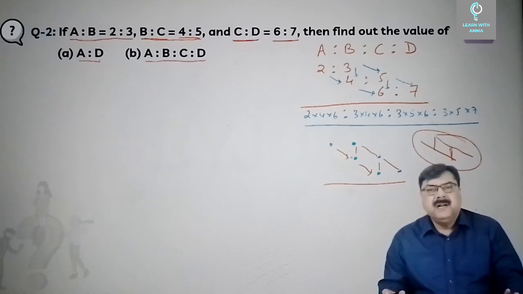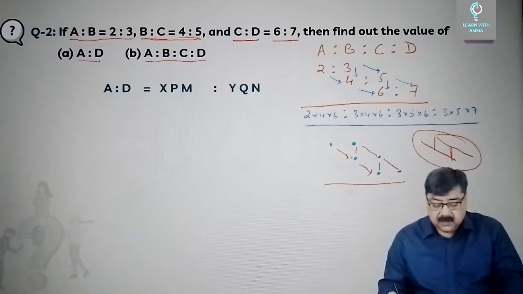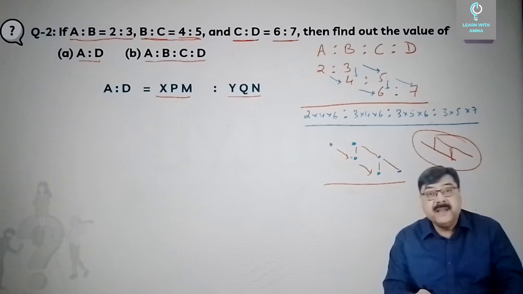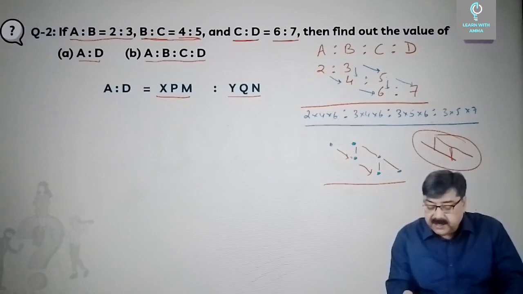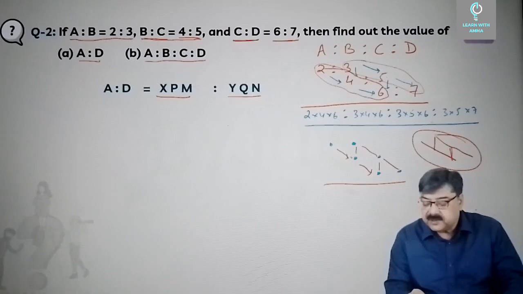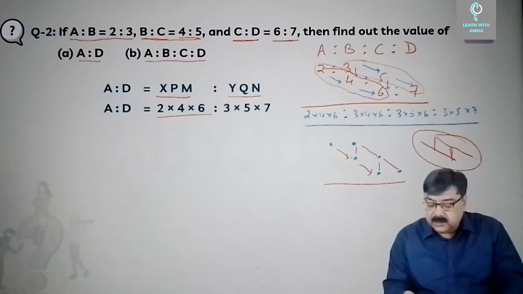In short, you can remember it like this. All right, so A is to D directly we can find out as xpm is to yqn. That is xpm, the extremes, yqn, again the extremes. So it is 2 into 4 into 6, as you can see here, and 3 into 5 into 7, as you can see here.